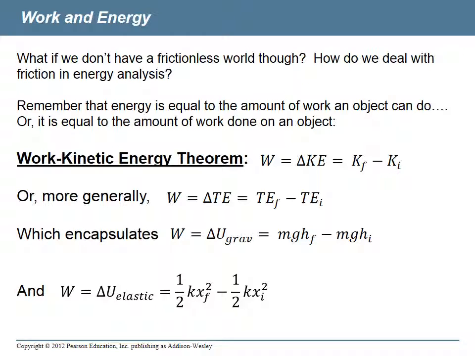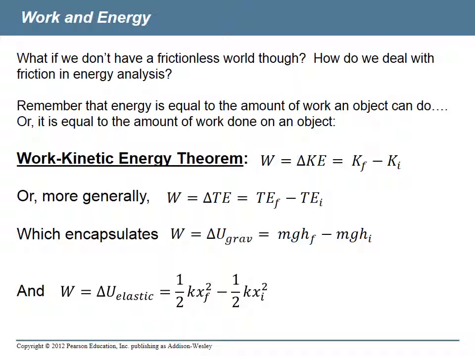So I can say that there's this theorem here, the work kinetic energy theorem, or actually it's the work energy theorem, but if I talk about kinetic energy specifically, then the amount of work done is equal to its change in kinetic energy, which makes sense, right? Work and energy are one and the same, so the amount of work that is done is equal to its change in kinetic energy.